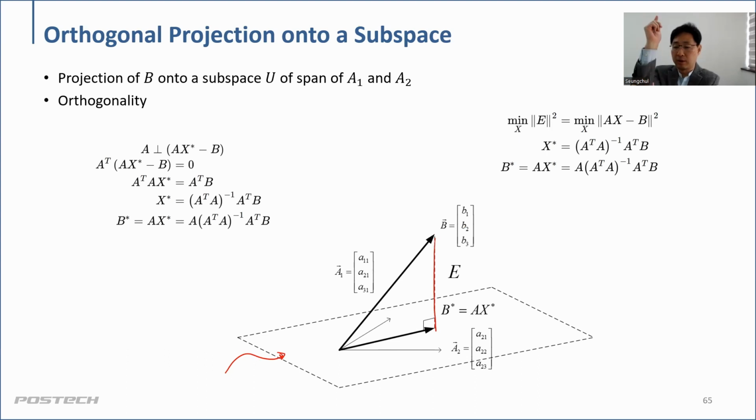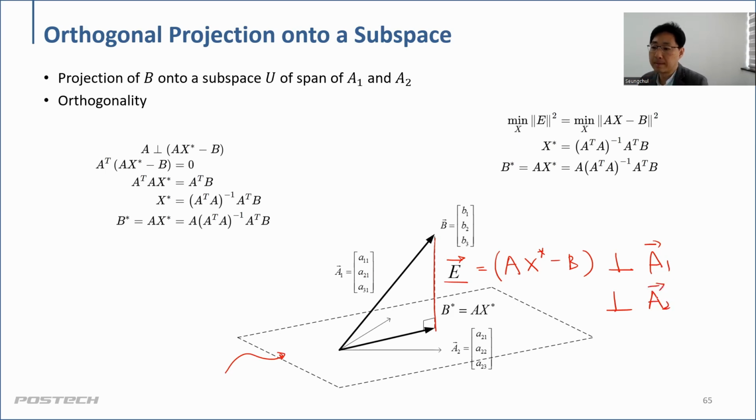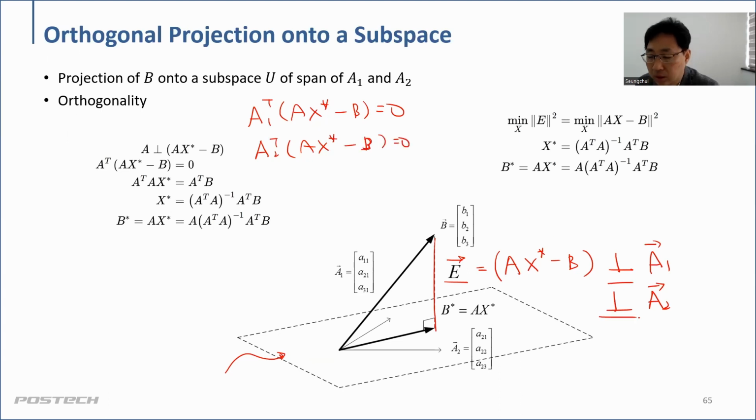The vectors are orthogonal to the plane, because A x star minus b is orthogonal to a1 and, at the same time, to the other columns. Then we just write the orthogonal constraints in matrix form.